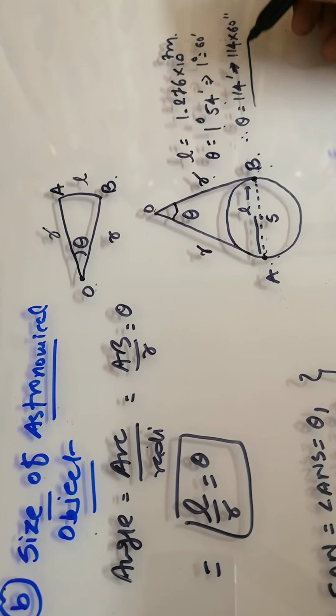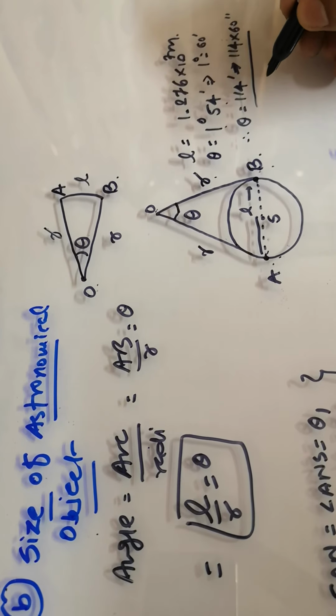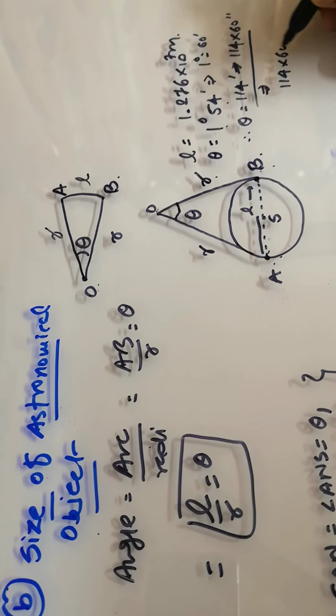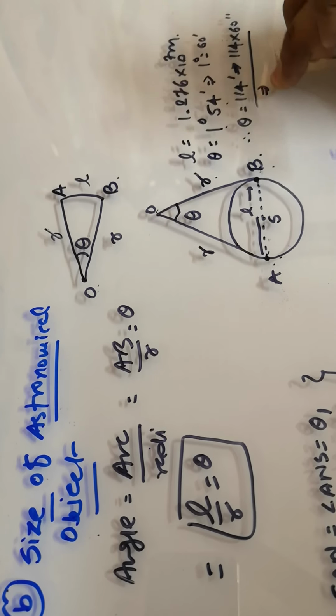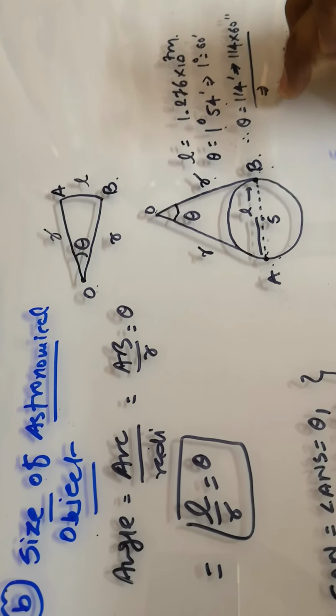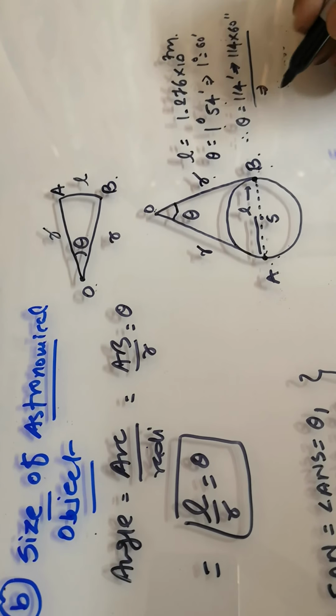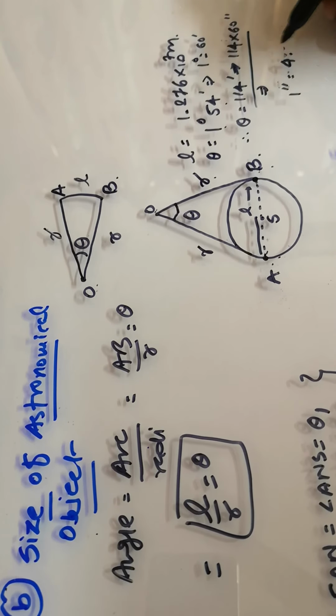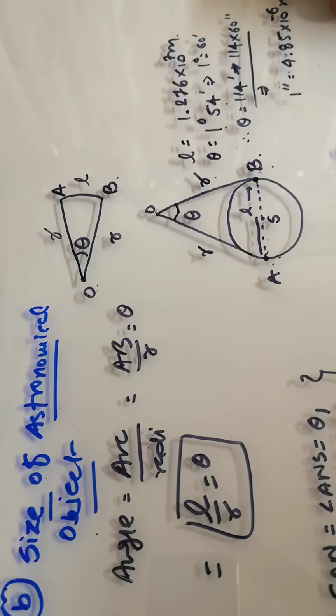You are aware of how to convert this: you just do 114 multiplied by 60 multiplied by pi upon 180. But before going further, learn one value: 1 second gives you 4.85 cross 10 to the power minus 6 radians.